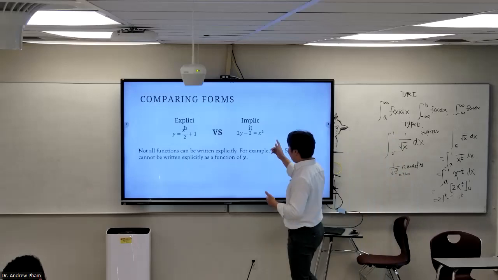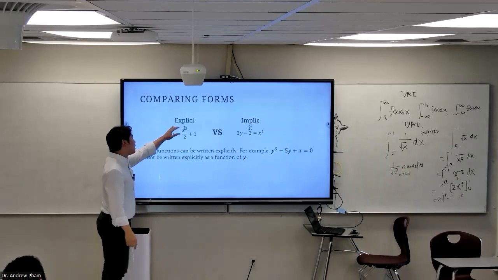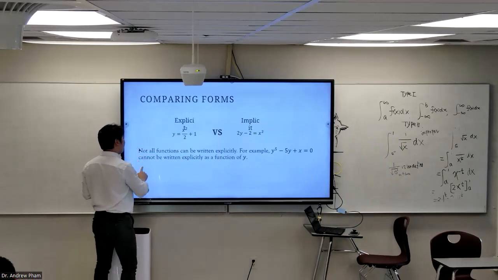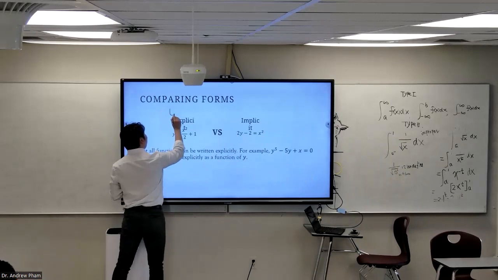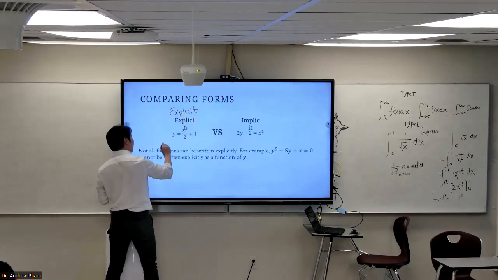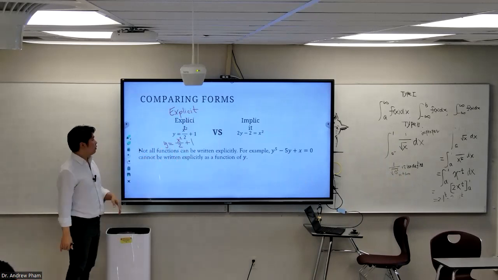Unfortunately, this got a little bit messed up in a transfer. This is explicit. I'll rewrite it so that it's a little bit clearer. On the left, the explicit form: if I have something like y is equal to x squared over 2 plus 1, for example.